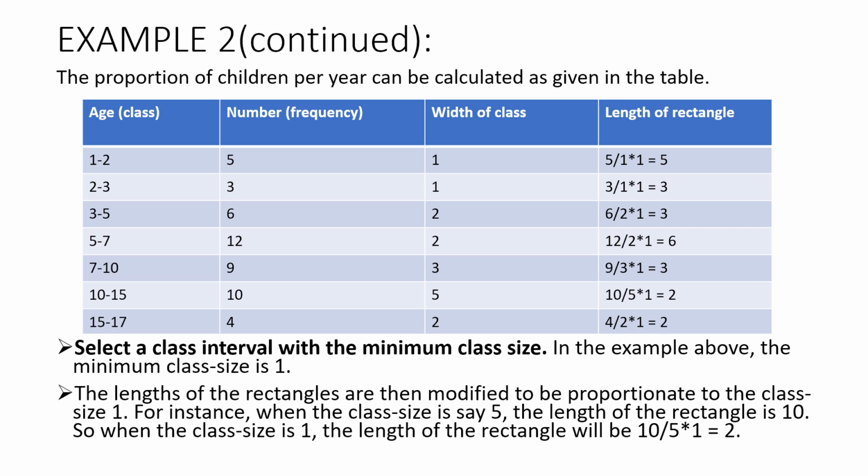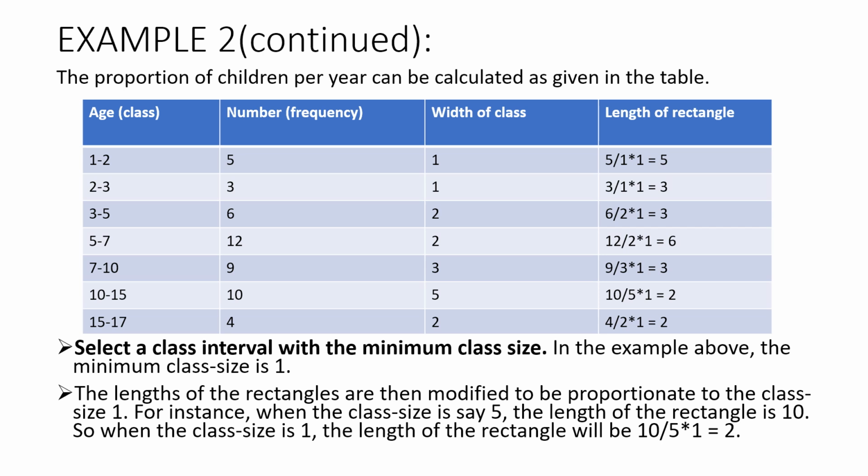Why is this done? When you take the second last class, which is 10 to 15, the class size is 5 and the frequency is 10. Now we have selected the minimum class size as 1. So when the class size is 5, the length is 10; when the class size is 1, what is the length? 10 upon 5 into 1, which is equal to 2.